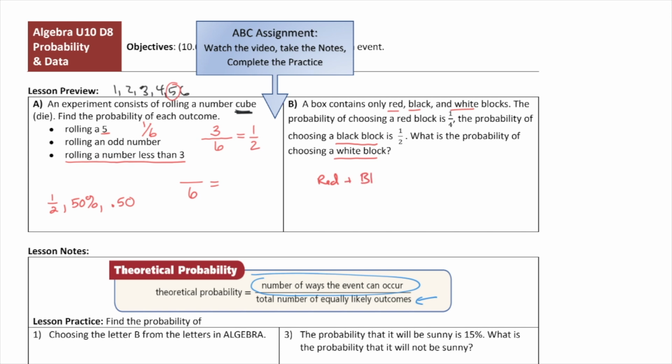You pick a red, a black, or a white block, and your probability has to add up to the number 1. So we know that 1/4 plus 1/2 plus something equals 1, and so x must be 1/4. The probability of choosing a white block is 1/4, or again, you can write it as 25% or 0.25. All 3 representations are correct.